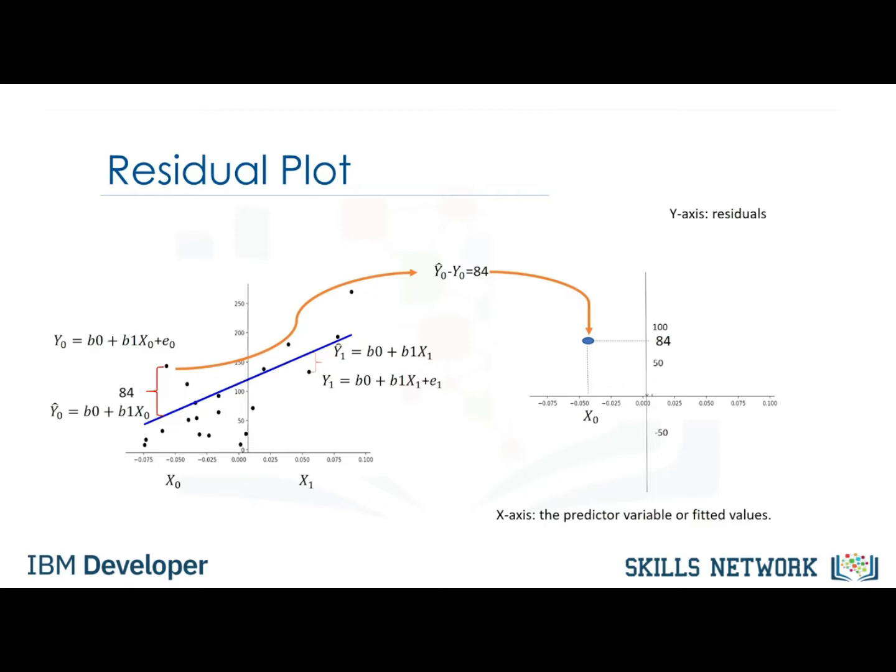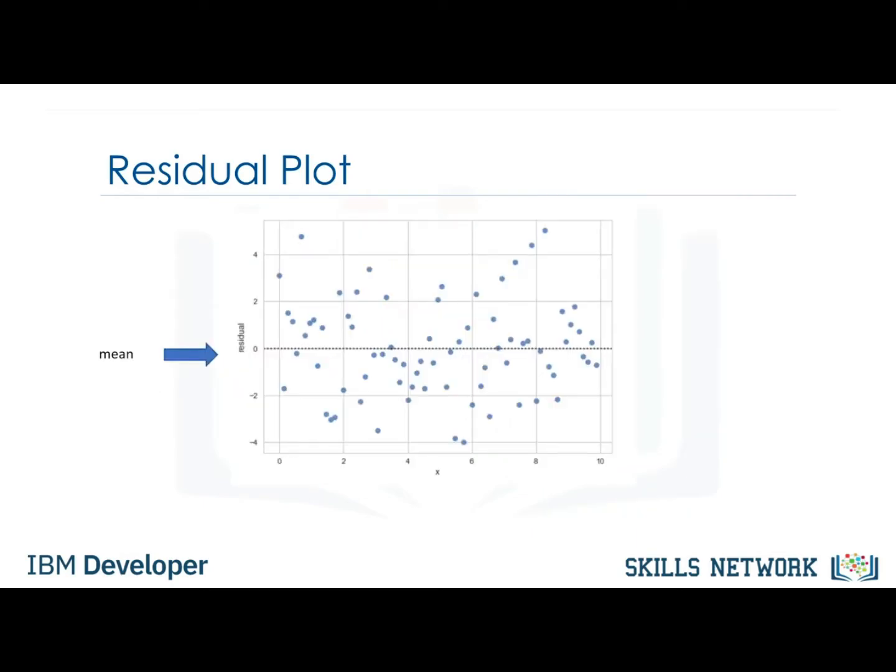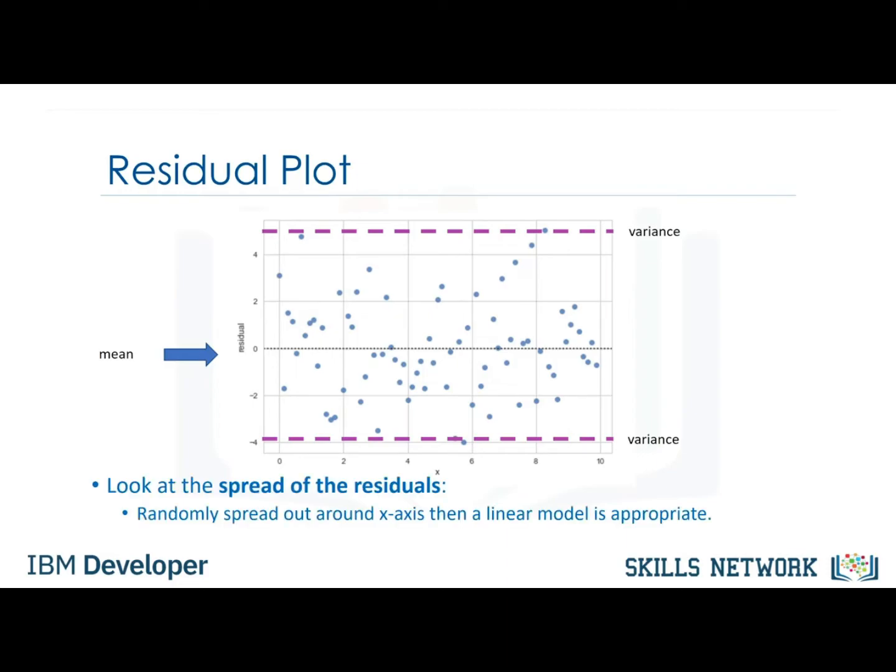Similarly, for the second sample, we repeat the process, subtracting the target value from the predicted value, then plotting the value accordingly. Looking at the plot gives us some insight into our data. We expect to see the results have 0 mean, distributed evenly around the x-axis with similar variance. There is no curvature. This type of residual plot suggests a linear plot is appropriate.